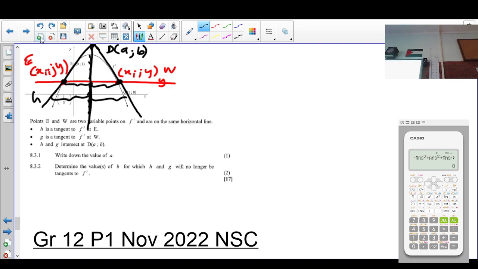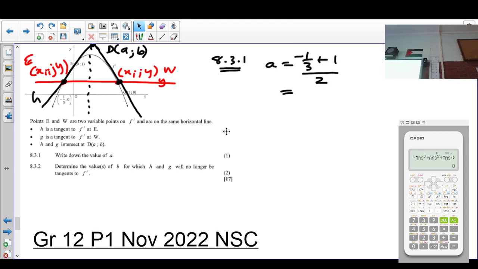So to get the value of A, 8.3.1, the value for A is simply negative a third plus 1, over 2. This is going to be negative 1 over 3 plus 1, that's over 2. That gives you a third. Okay. The value for A is a third.